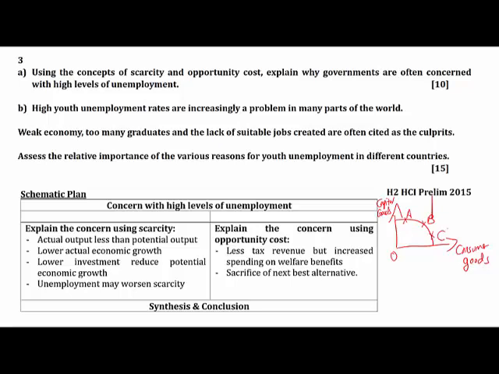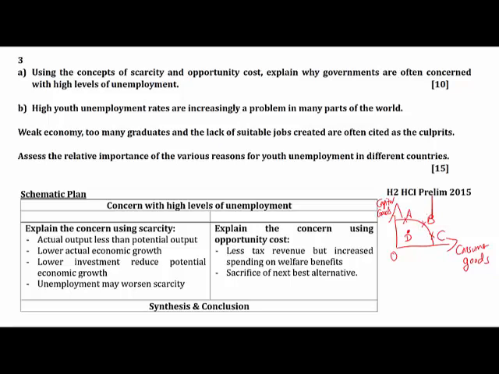How do I illustrate the concept of unemployment on the PPC? Unemployment is, let's say, a point like point D. Unemployment means that you are not fully utilizing your factors of production. There are factors of production that are unemployed. So if you have factors of production that are unemployed, you are basically producing inside your PPC.